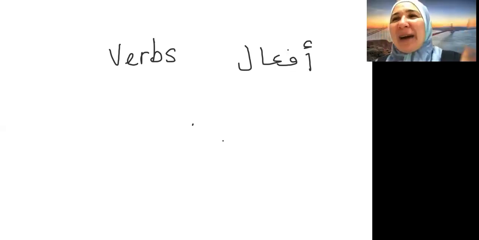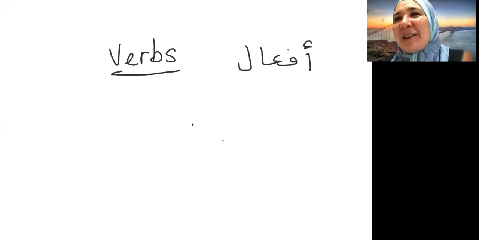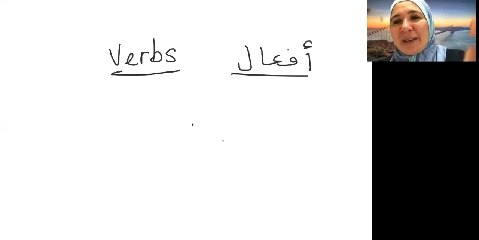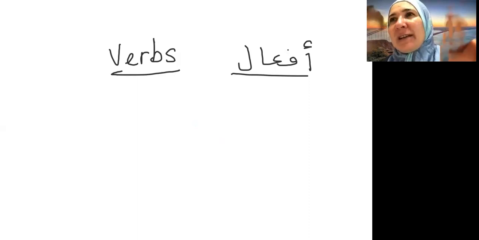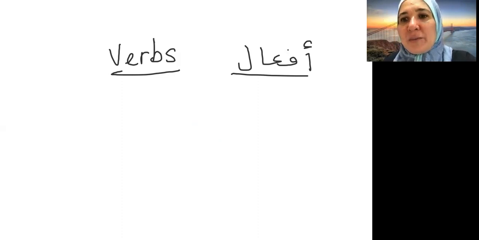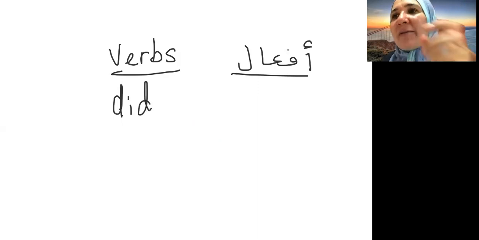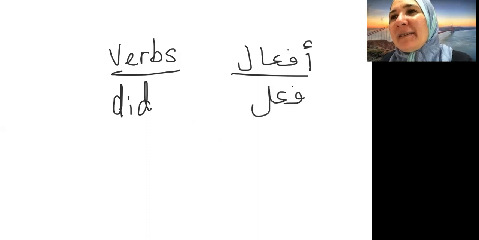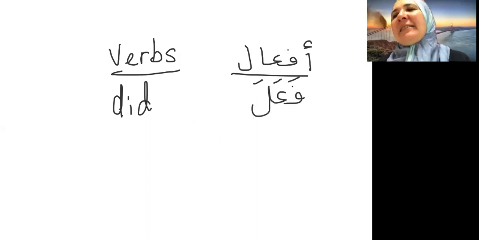So we talk about verbs, okay? In the Arabic language, all the verbs are on the same rhythm as "did." Did, in Arabic, means فعل.